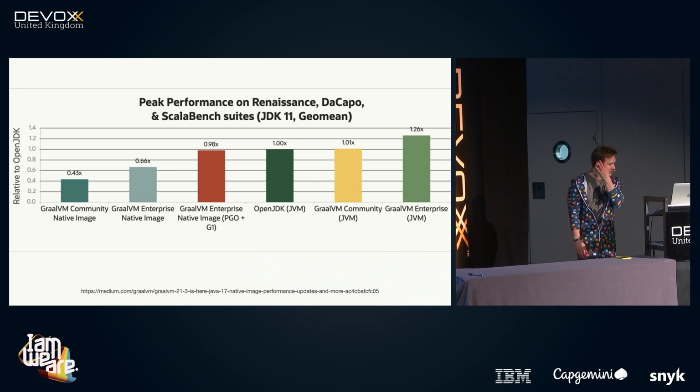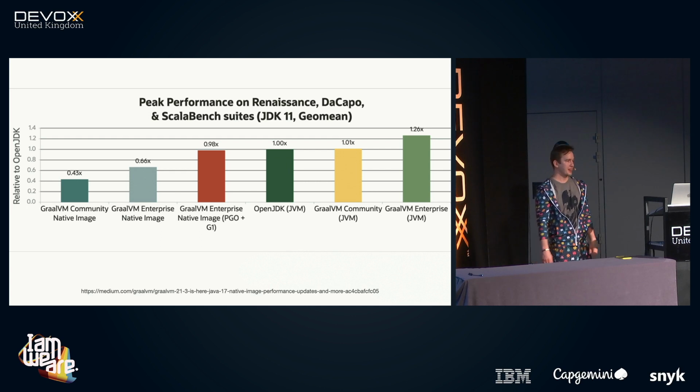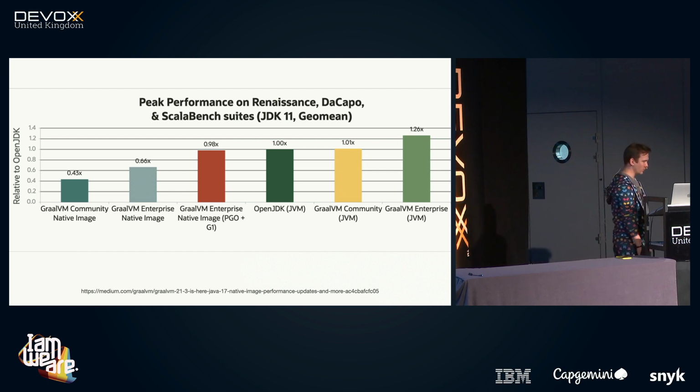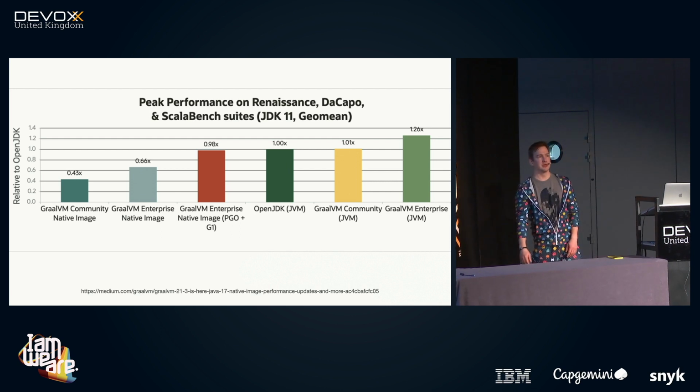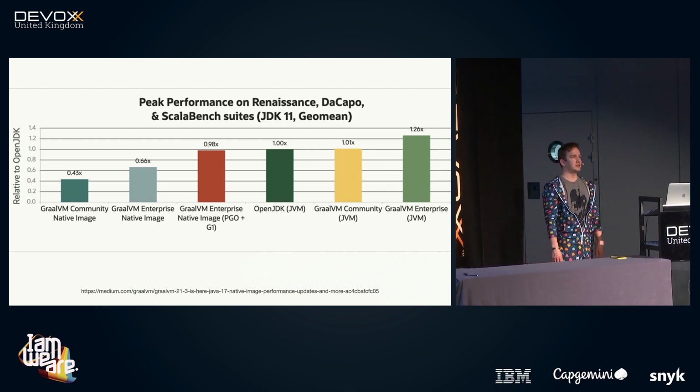So just recently, the GraalVM team, with the latest release, published some benchmarks. And on a number of benchmarks in the Java ecosystem, if you run them with PGO, with profile guided optimizations, and G1, then it gets very close to the performance of the warmed up OpenJDK with C2.